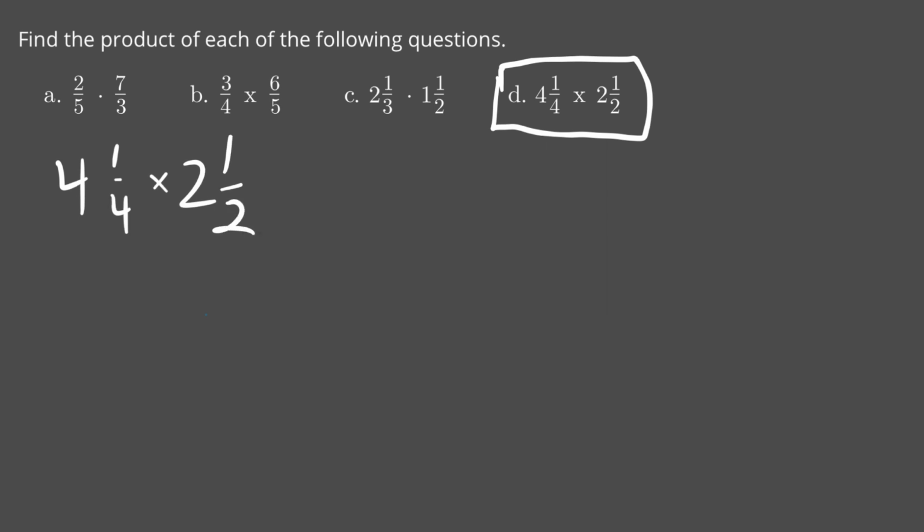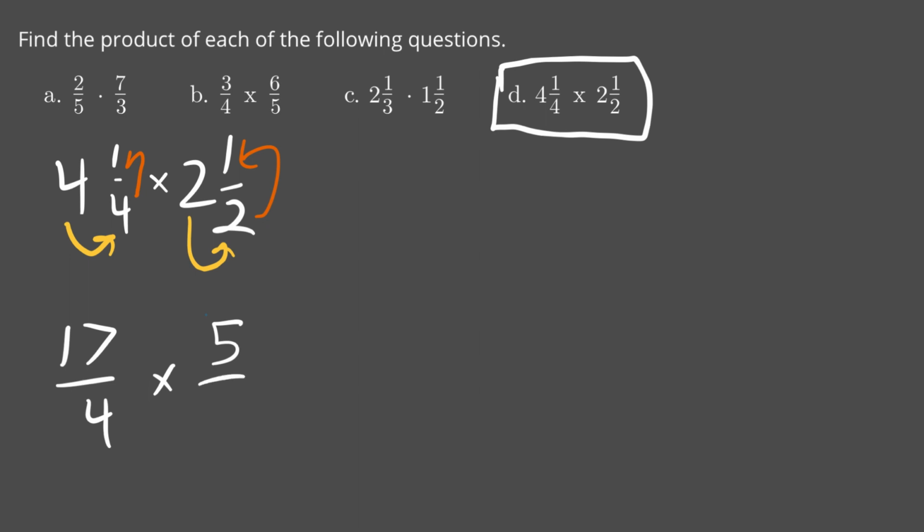We will turn these mixed numbers into improper fractions. 4 times 4 gives us 16 plus 1, so 17/4 multiplied by, now we have 2 times 2, which is 4, plus 1, 5/2.